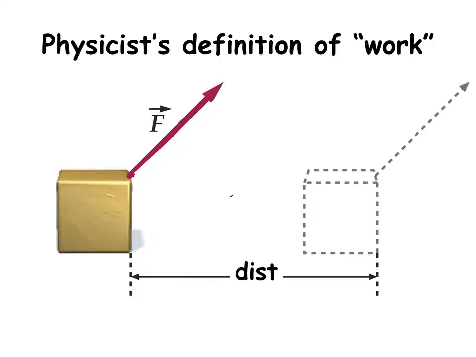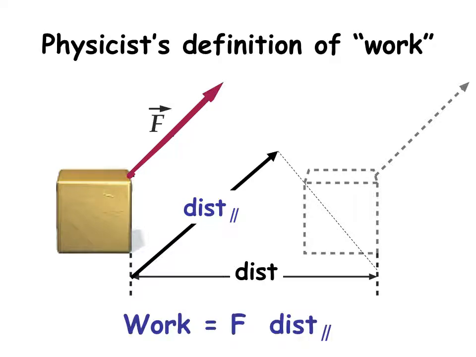Now we can define the work by another definition. If we have a force F and a distance parallel to the force, we can calculate the work by multiplying the magnitude of the force times the parallel distance.